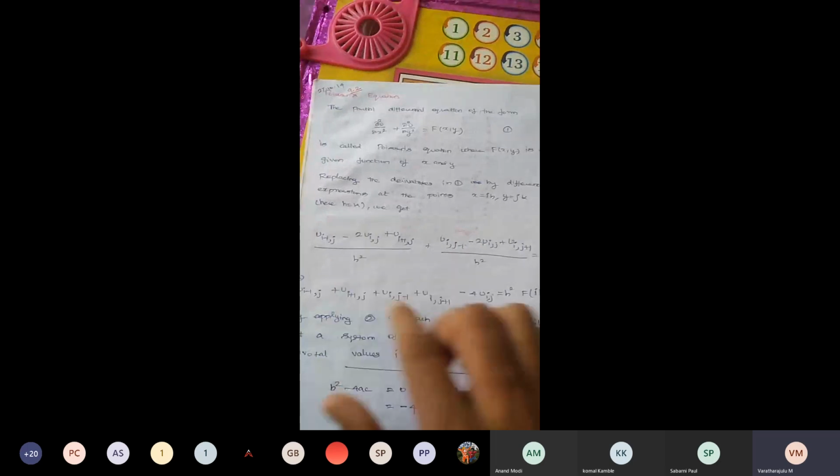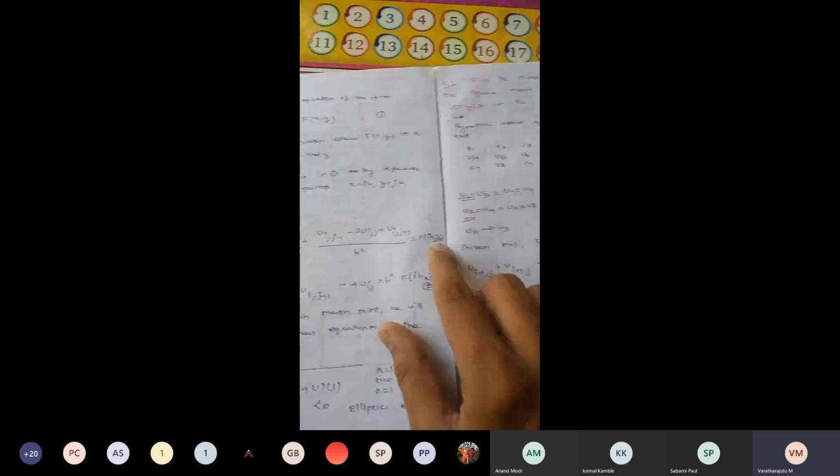got in the Laplace equation. Similar to Laplace, here we have h square, and instead of k square we have h square. On the RHS we have a term. When we have the RHS, we have to keep the h square and k square as they were.